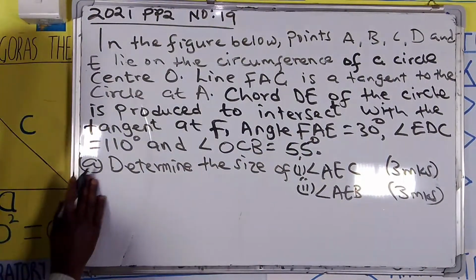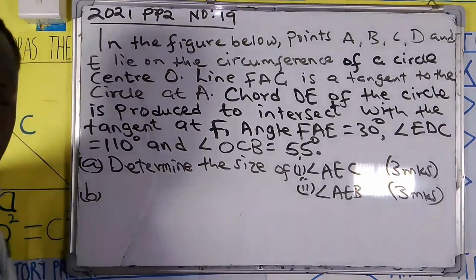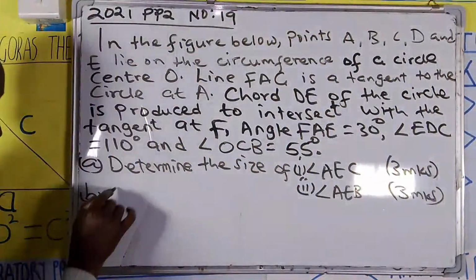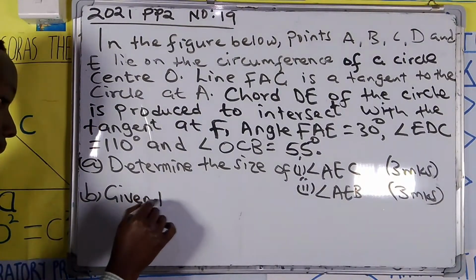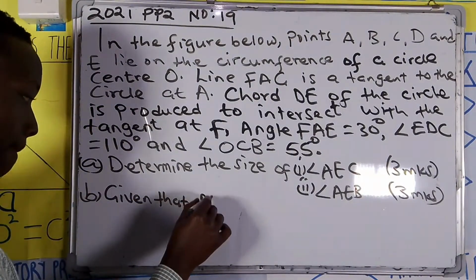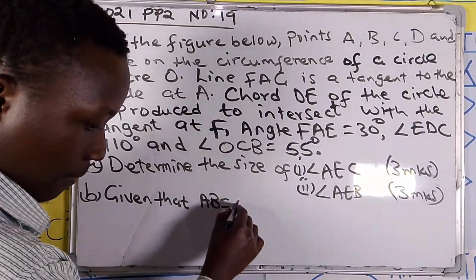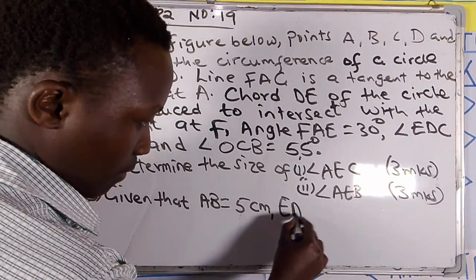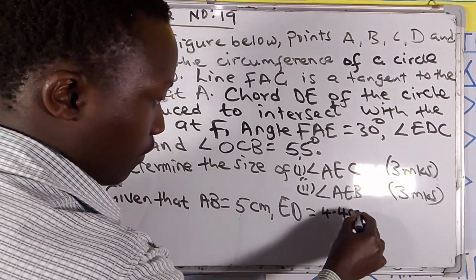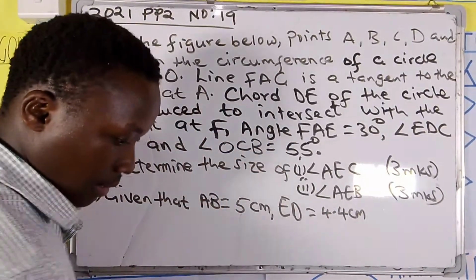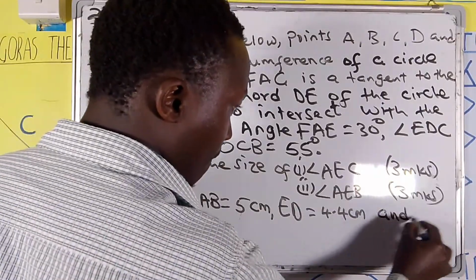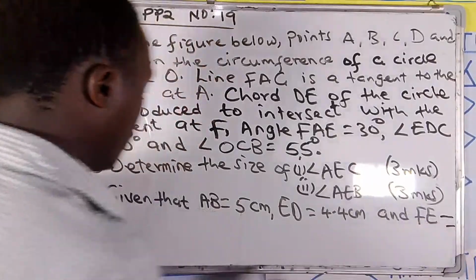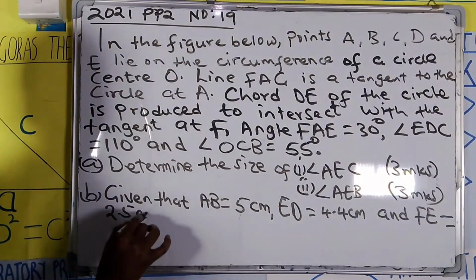Then you can also write down part B. Let us write all the questions, then we draw the diagram once. Given that AB equals 5 centimeters, ED equals 4.4 centimeters, and FE equals 2.5 centimeters.